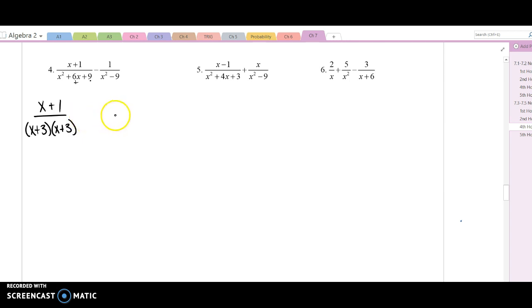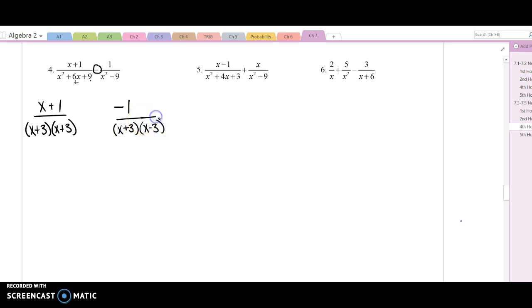Leave yourself some space. And then because this is subtraction, I'm going to attach the negative to the 1 on the next fraction. How do we factor x squared minus 9? It's a difference of two squares. It factors into x plus 3, x minus 3.